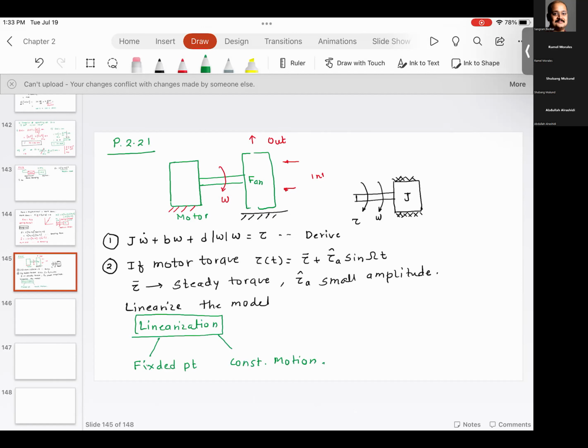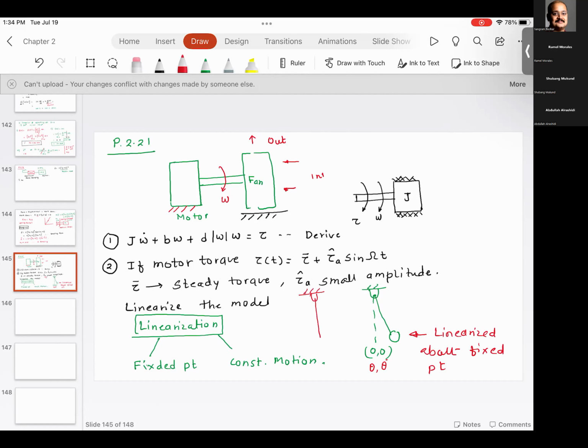So fixed point is, think about that you have a pendulum and we want this pendulum to be linearized about 0, 0. So 0, 0, which means displacement is 0, theta is 0, and theta dot is 0. So this is linearized about a fixed point.